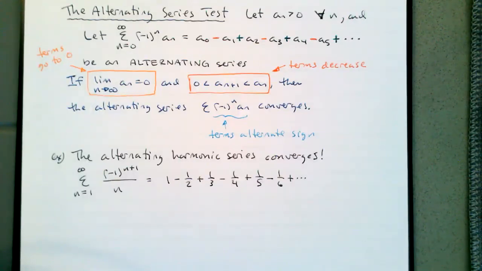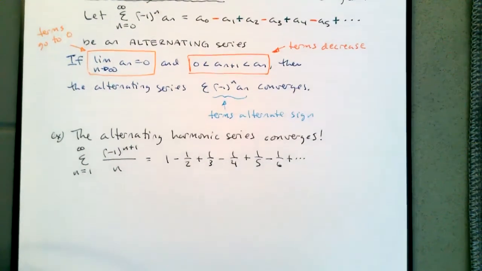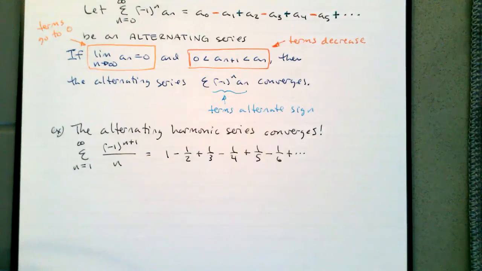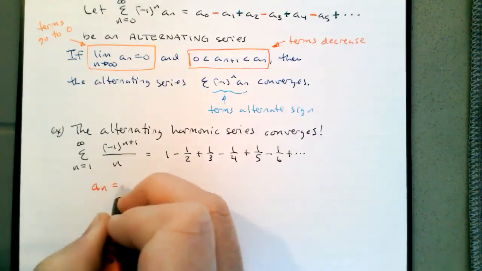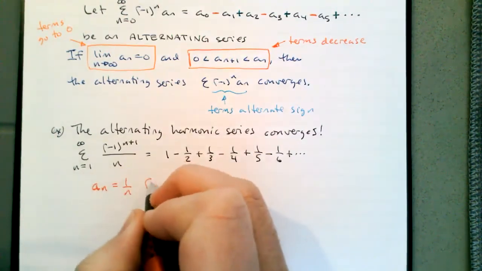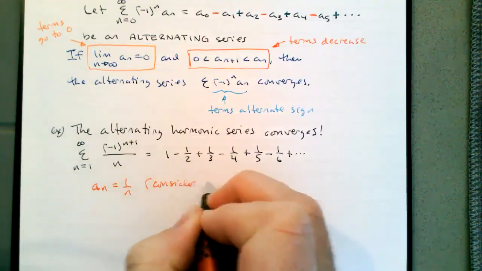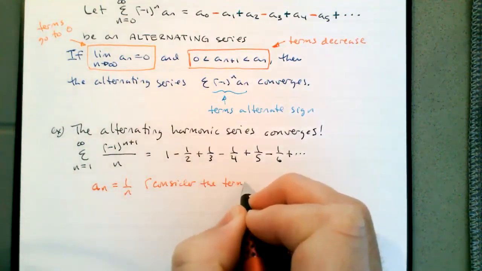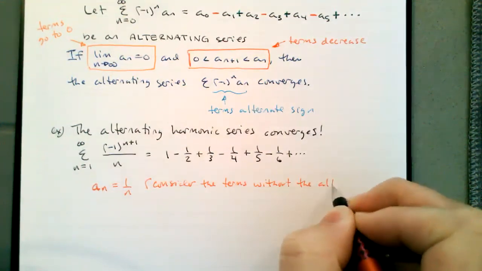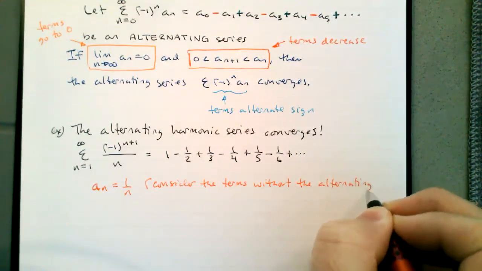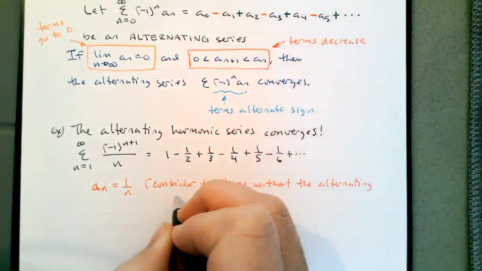The terms go to 0. So first of all, we take out the alternating part when we look at a_n. Even though the terms are alternating, we would identify a_n as just 1 over n. We look at the terms without the alternating part.